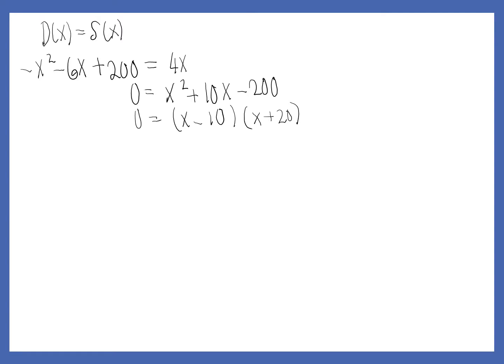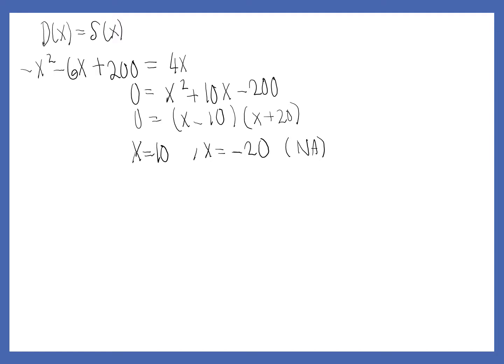plus 20, and then the other one is negative 10. Right? So from that, our x equals 10, and the second value is negative 20. We must write first 10 and negative 20. But the quantity cannot be a negative value.